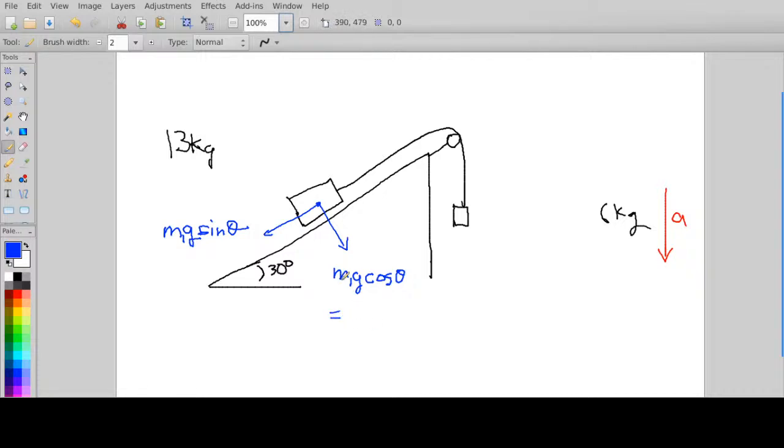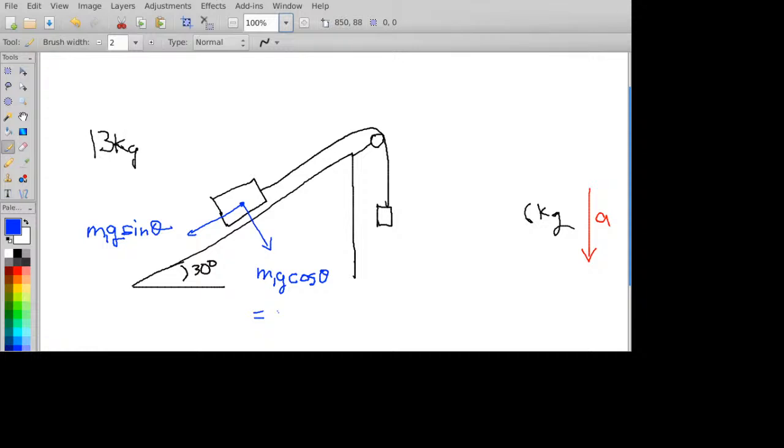So m1 is 13, g is 10, cosine of 30 degrees. All right, so let me see what that gives me. That's going to be 130 multiplied by the cosine of 30 degrees, and that's going to equal 112.6.